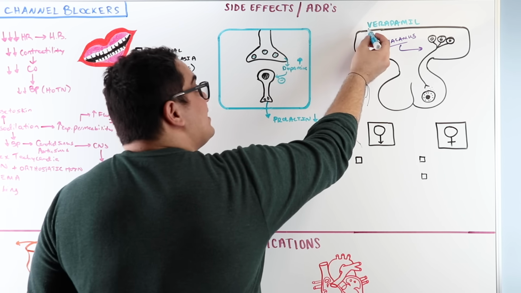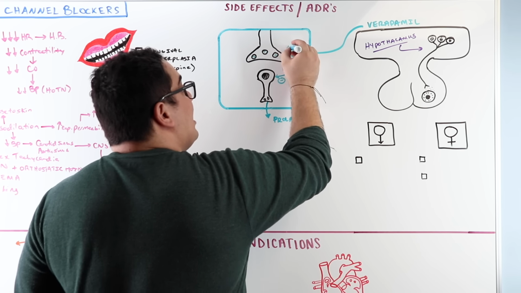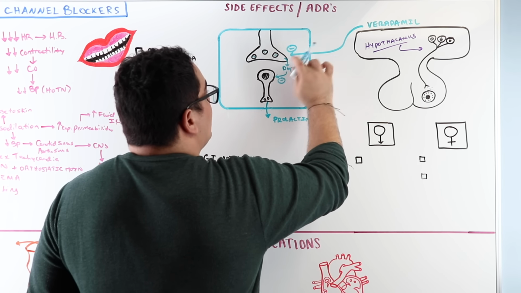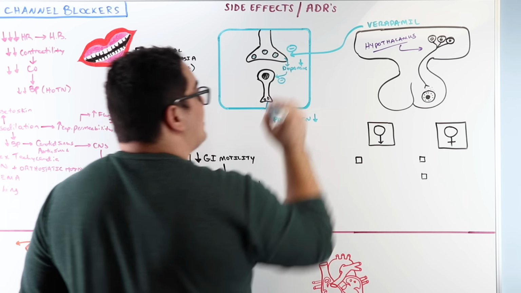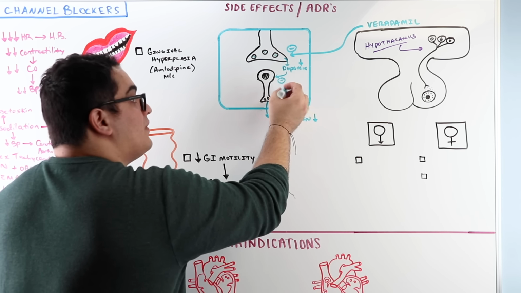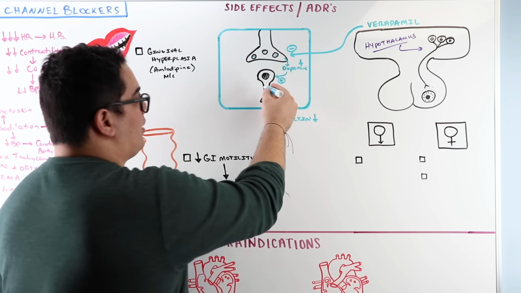Now, take into consideration Verapamil. Verapamil actually works by inhibiting dopamine release. If you inhibit dopamine release, that's going to be decreased dopamine in the synapses. Now you have less inhibition on the lactotrophs. And if there's less inhibition, there's going to be stimulation of these lactotrophs.